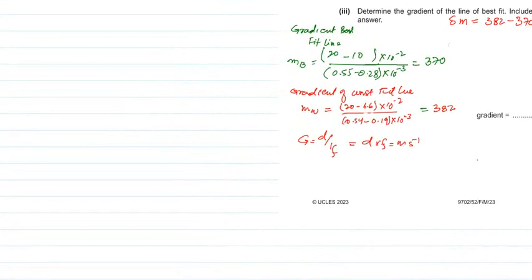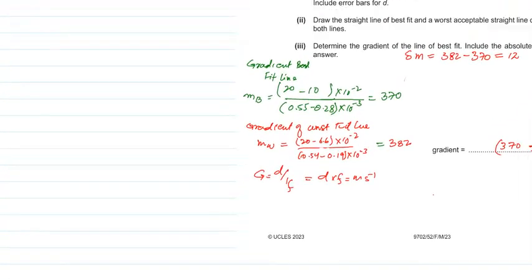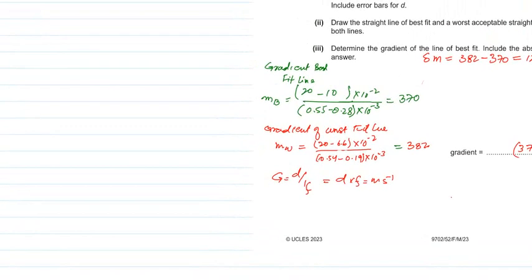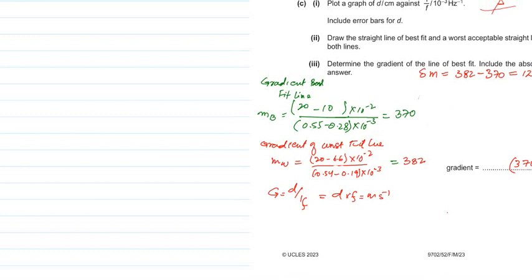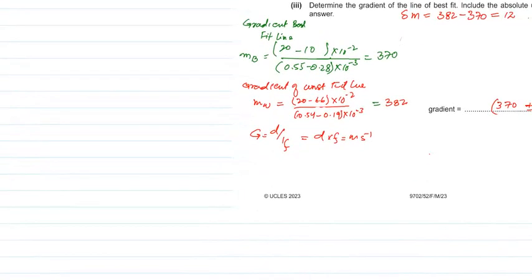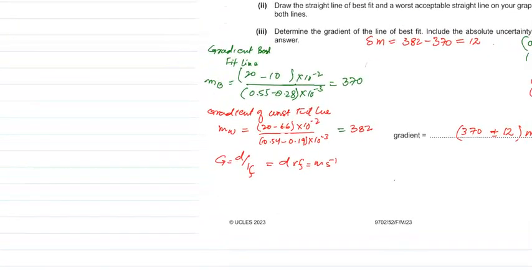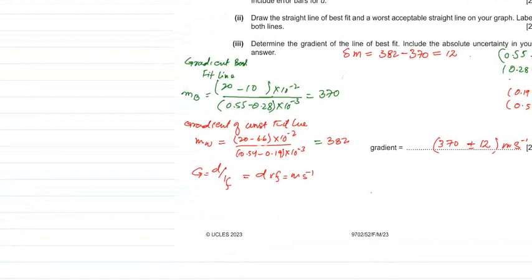So after solving it, we will get the gradient for my lines. I've taken the gradient is 370. Same with the gradient of the worst fit line, I got 382. So 382 minus 370, the delta m, is 12.